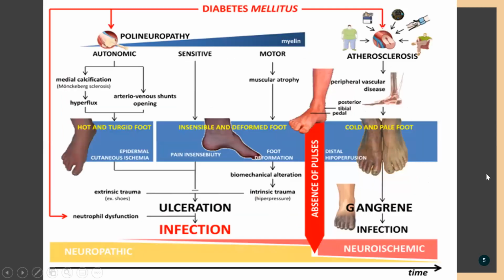Then there are diabetic wounds, leg gangrene and infection. In most gangrene, the blood vessels have been damaged by arteriosclerosis, so there's no supply to that area of the leg, and the cells in that area that are not getting supply die. There are a few types: autonomic, hot and turgid feet, insensible deformed foot, cold and pale foot, and everything goes to ulceration, infection or gangrene.